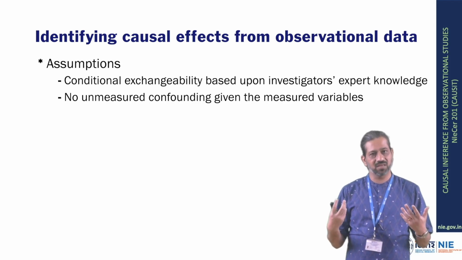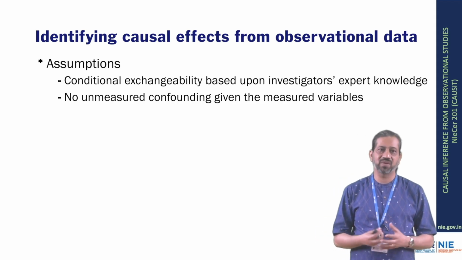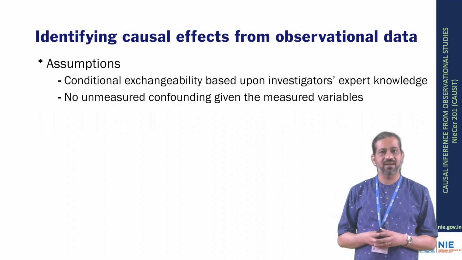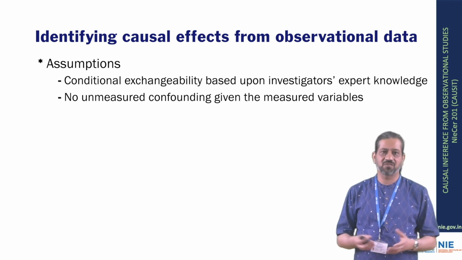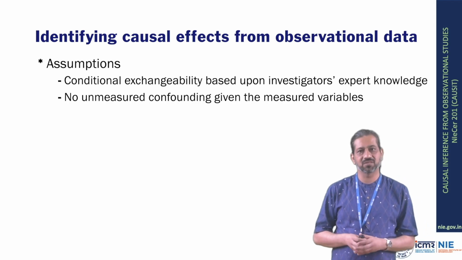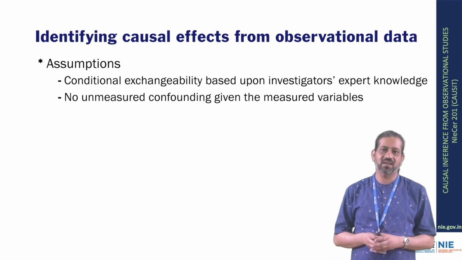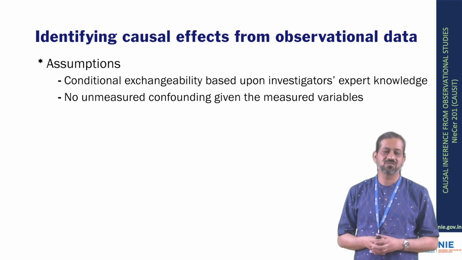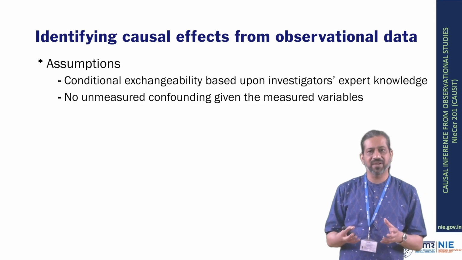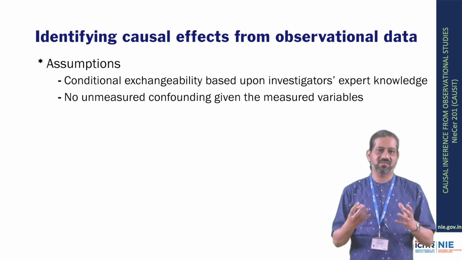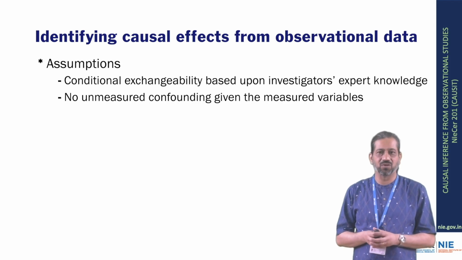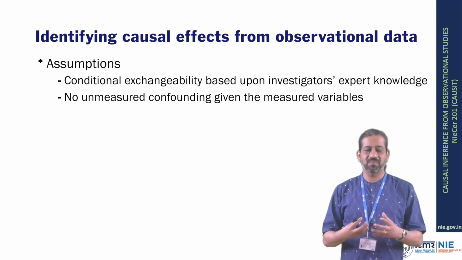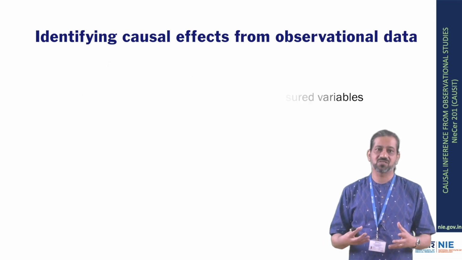In fact, even for randomized trials, we need to make these assumptions, which include the assumption of conditional exchangeability and that there is no unmeasured confounding given the measured variables. However, it is nearly impossible to actually verify these two assumptions in observational studies, compared to, say, the ideal randomized experiments where these assumptions would hold. And hence, we need to be very careful when we are trying to estimate the causal effect from observational studies.